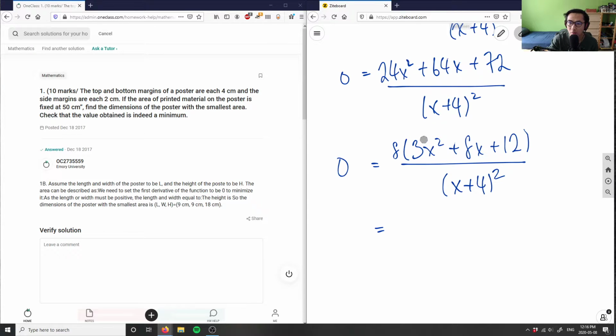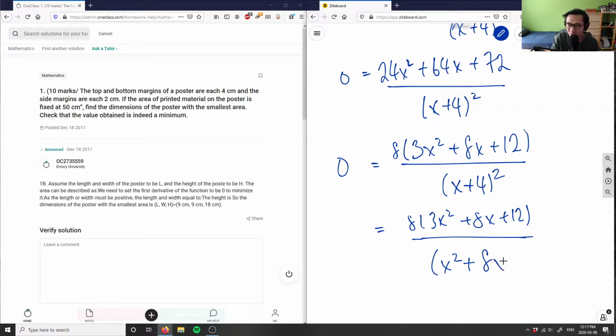So then I guess I won't factor this part, or I'll keep the factor here, and all I'm going to do is this here is 8, 3x squared is 12, and then if I factor out, this is a perfect square trinomial. Obviously, I'm going to get x squared plus 8x plus 16 here, and let's see.